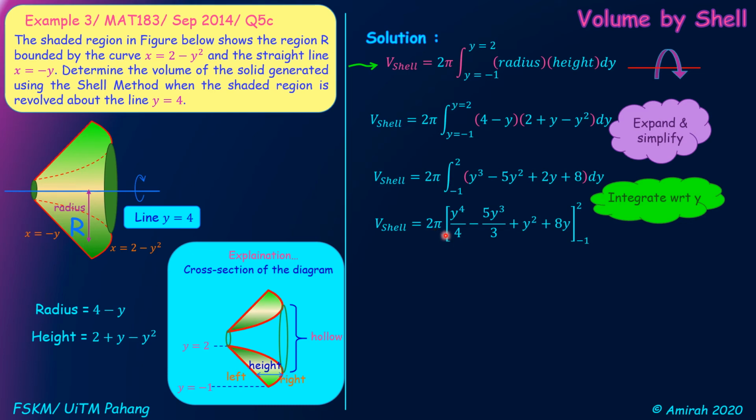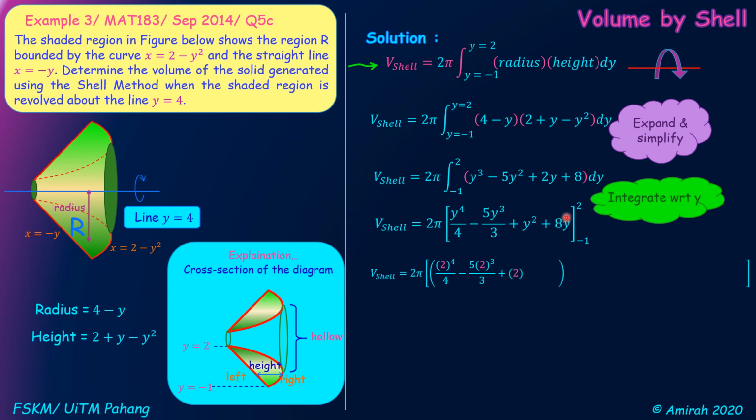Then we integrate y cubed using the power rule, so we get y to the power of 4 over 4, minus, we still have constant 5 in front, and then we integrate y squared, we get y cubed over 3, plus constant 2, and then we integrate y, we have y squared over 2, and the 2 in the denominator simplifies with the 2 in front, so we get y squared only. And when we integrate constant 8 with respect to y, we get 8y.